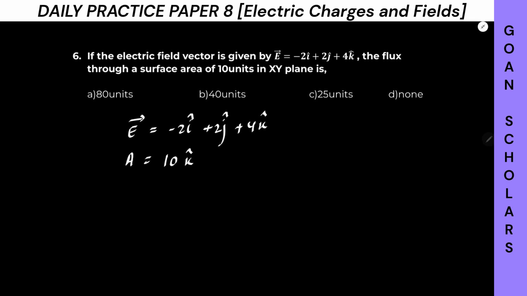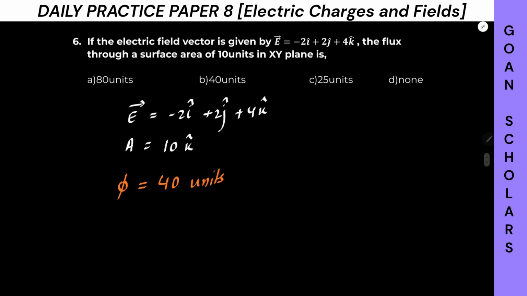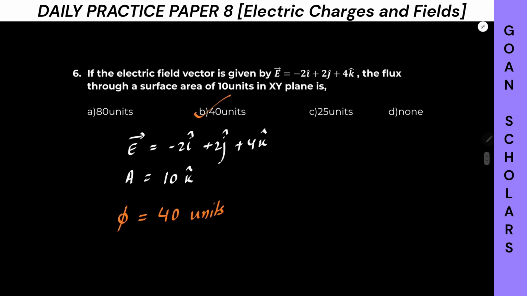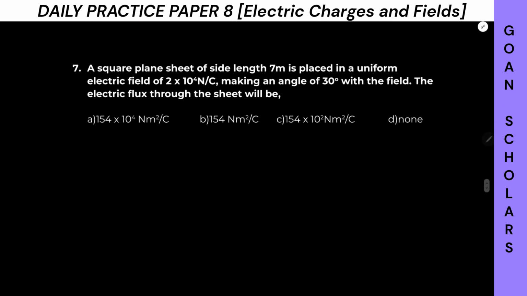K cap, the z-axis is perpendicular to the XY plane. So now when you multiply, the flux phi will be 40 units. Why 40? Because 10 is multiplied with 4 only; i and j have no components to use for the dot product. Which one is the correct option? B. Let's move to question number 7.